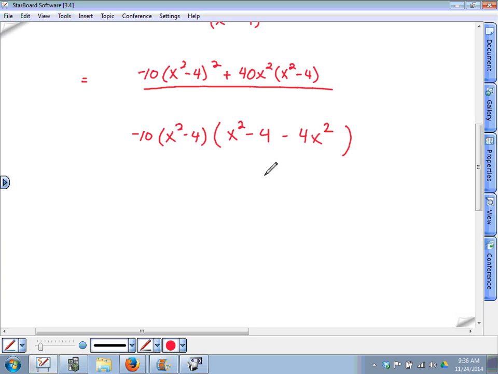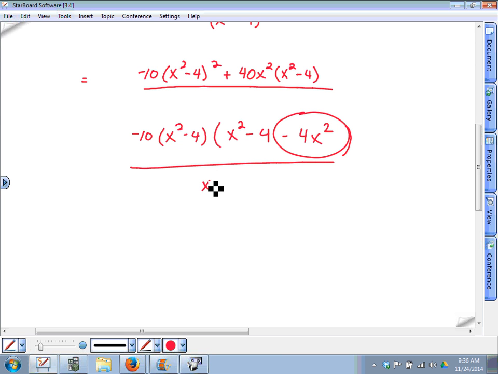Now hold on a second, I think this is where I can see a lot of mistakes happening right at this point. You need to understand where this all came from. Where did this come from? The 40x squared, I took out a negative 10. That's why the 40 turned into a negative 4. And then I took out the x squared right here.